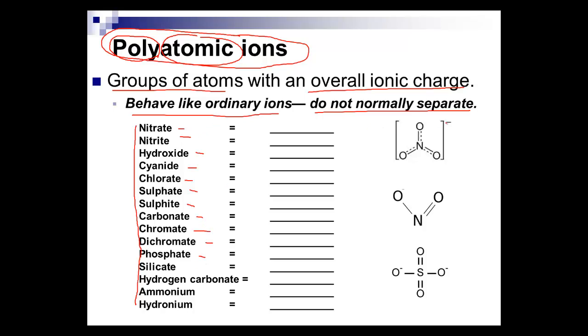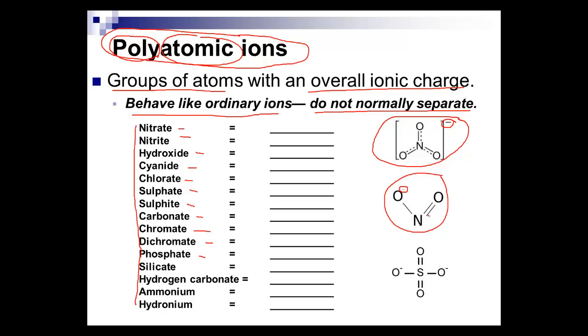Let's take a look at nitrate. I have put a model of nitrate over here on the right side. It's NO3, 1 N and 3 O's, and it has a negative charge. Nitrate. Its formula is NO3 negative 1. Down below is NO2, and you can just barely see a negative charge on this one as well.